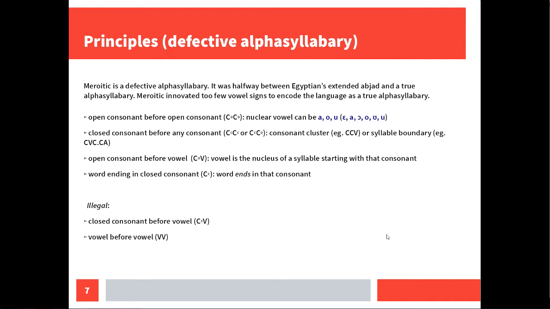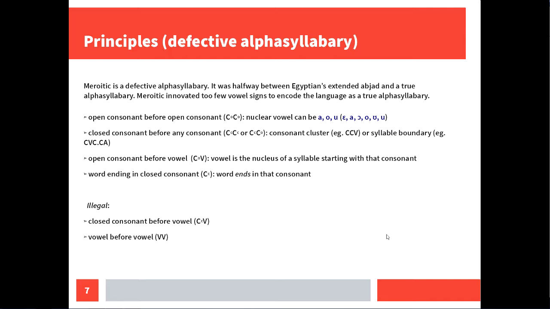So, how are you supposed to read a Meroitic word? Well, the prevailing theory, and it's been there since Griffith's time, the early 20th century, is that Meroitic is an alphasyllabary.